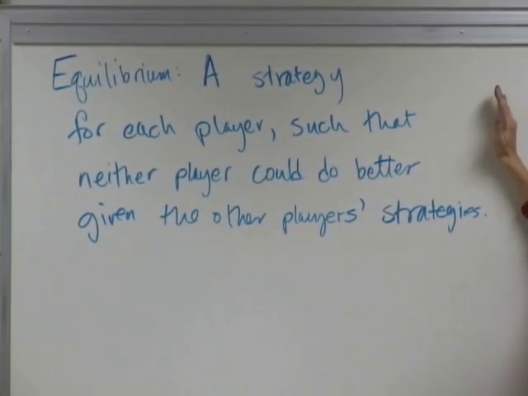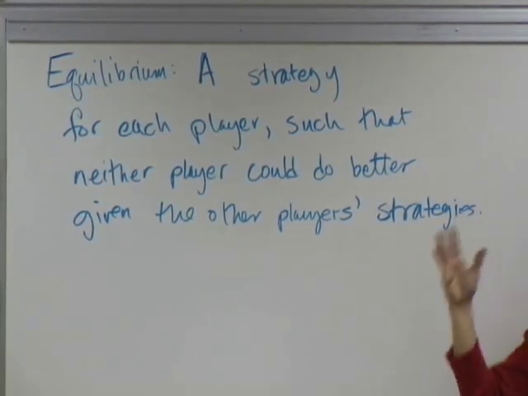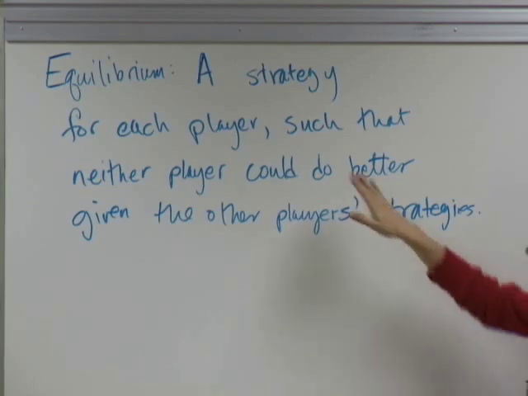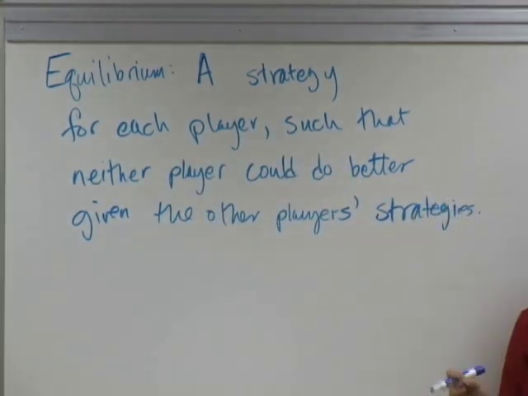It's not just any old strategies, though. If the strategy set that composes the equilibrium is really an equilibrium, it means that neither player can do better by changing unless the other player changes.